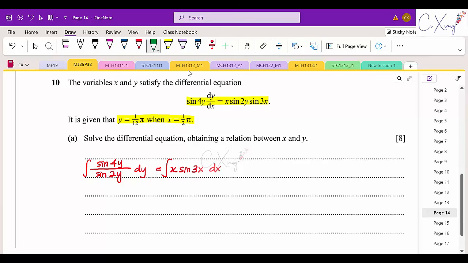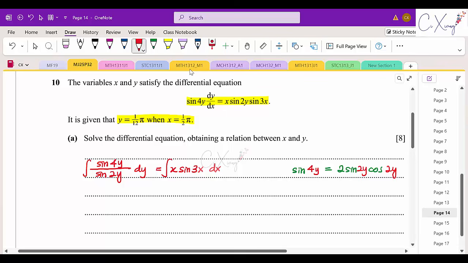So let's recall the double angle formula: sine 2x equals 2 sine x cos x. Now for this question, I'm having sine 4y. What will happen to my angle inside? Just now 2x became x and x, therefore 4y will become 2y and 2y.